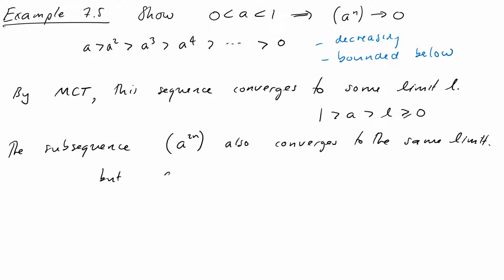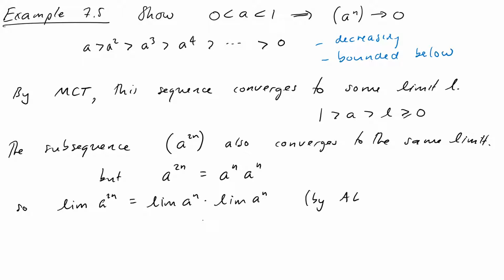But this subsequence can also be expressed in terms of our original sequence, as the nth term, a to the 2n, is just equal to a to the n squared, which means the limit of a to the 2n is equal to the limit of a to the n times the limit of a to the n. This time I'm using the algebraic limit theorem, so I'm pulling together lots and lots of our different results.